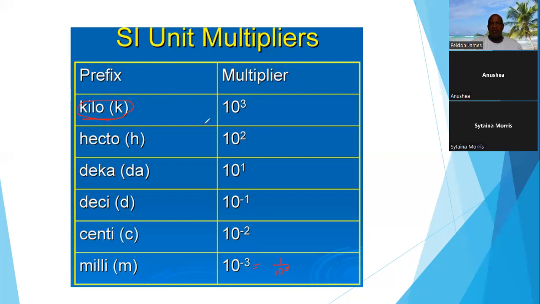We add kilo as the prefix that denotes that you're multiplying something by 1,000, right? And if you have 10 to the second power, that means you're multiplying something by 100. We will call that hecto. And if you're multiplying something by 10 to the 1, we call that deca.